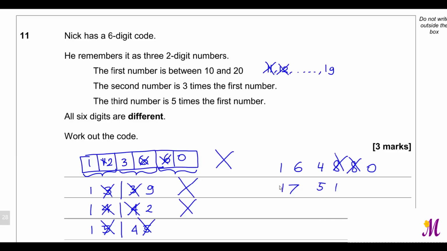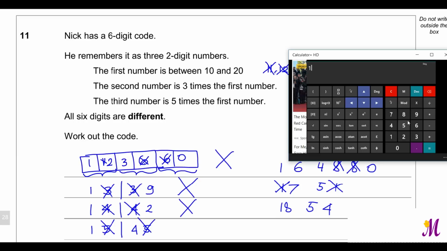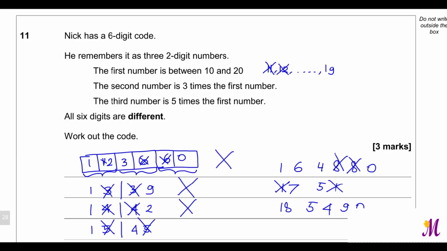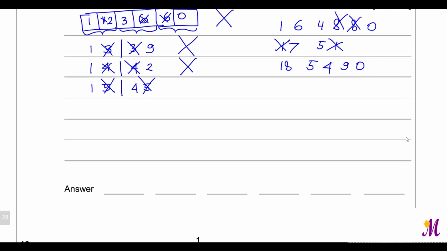It's also not possible because we have 1 here and 1 here. What about 18? 18 times 3 is 54, and then 18 times 5 is 90. So we have 6 digits and all the digits are different. So we have the code. Let's write it down in the answer. The digits are 1, 8, 5, 4, 9, 0.